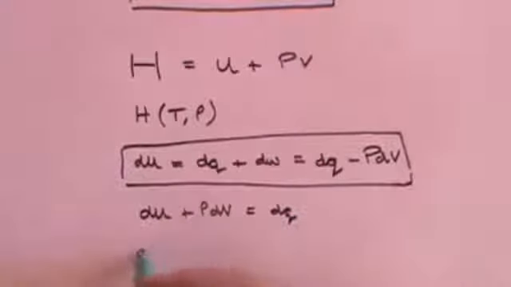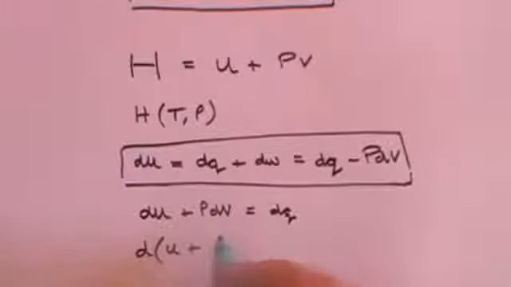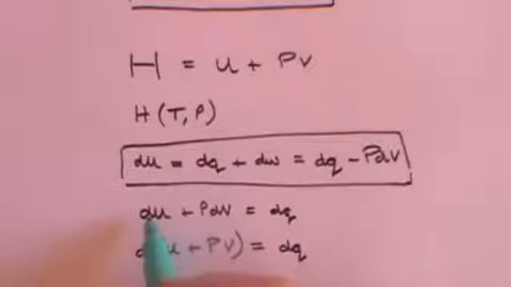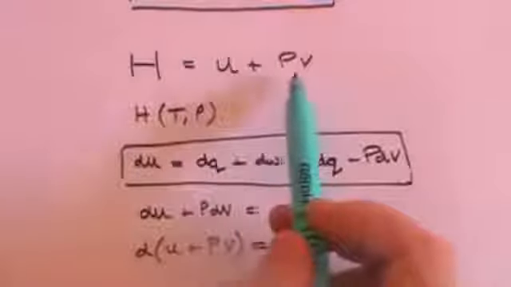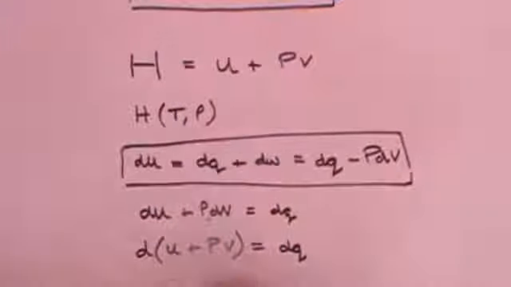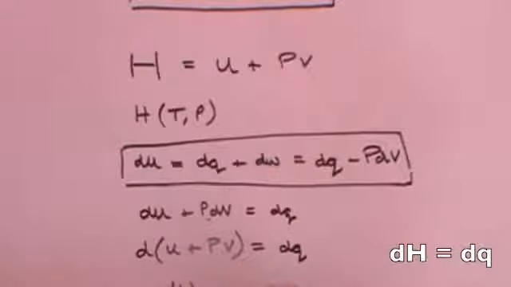And that means that d(U plus PV) equals dQ. I've simply taken the d terms out of these two terms here. But U plus PV is H. And so we've derived that the differential of enthalpy, dH, equals dQ.